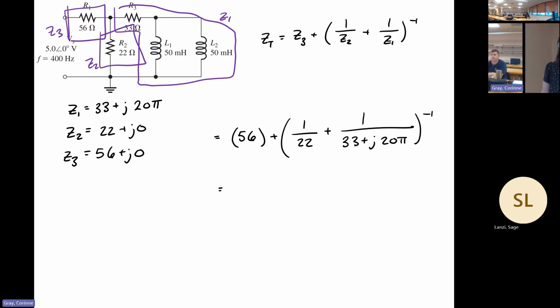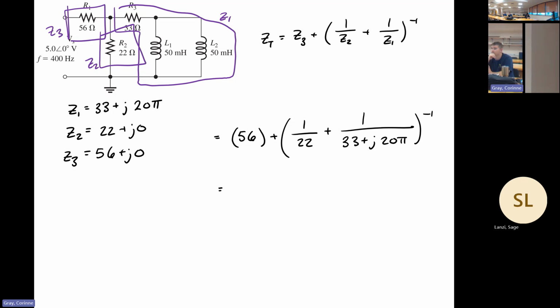You just do the result of this, you get 69.2 plus j62.832, rounded. But how do you add 1 over 22? You can separate it out because of a real division.